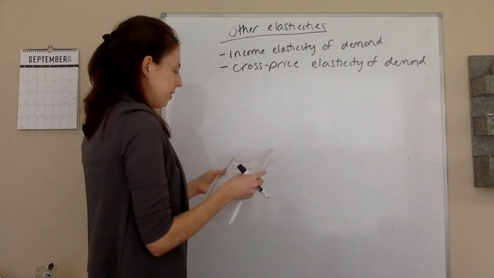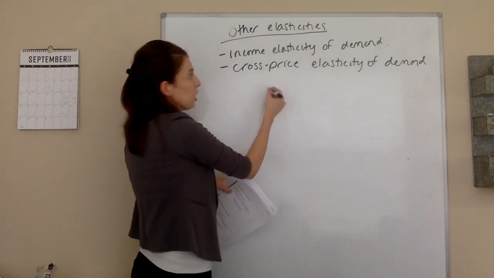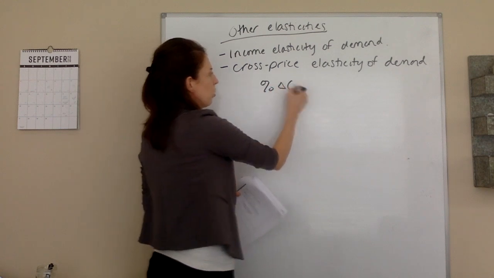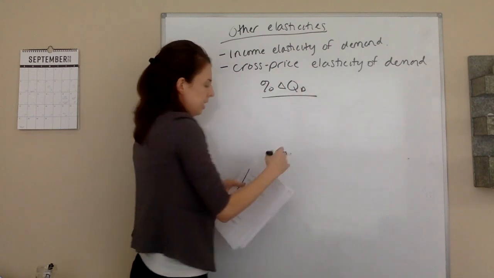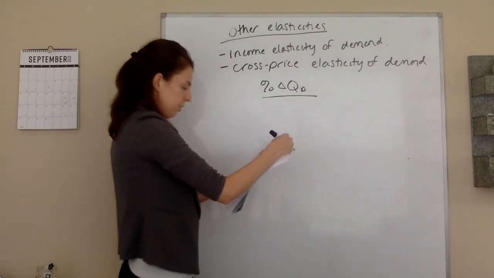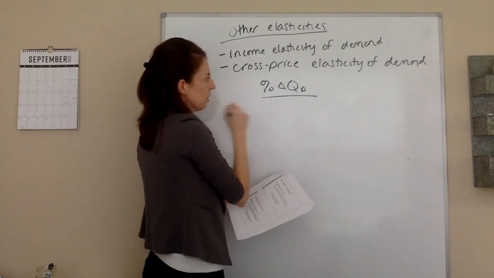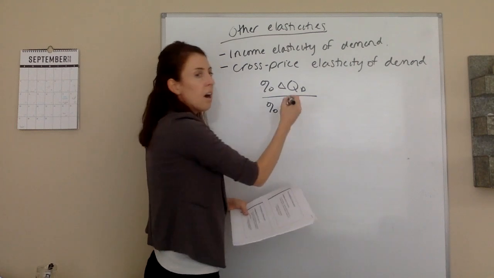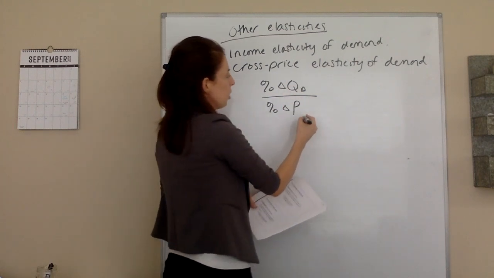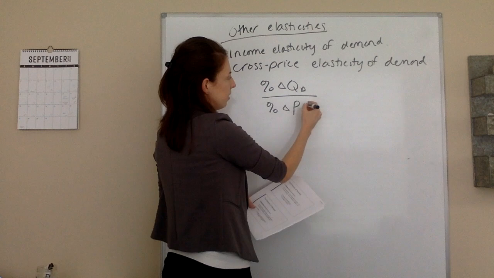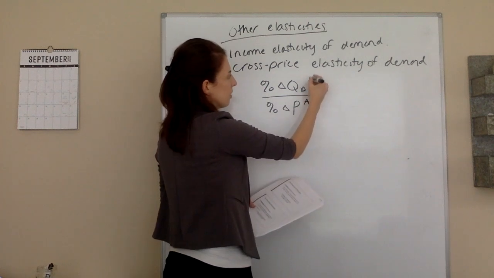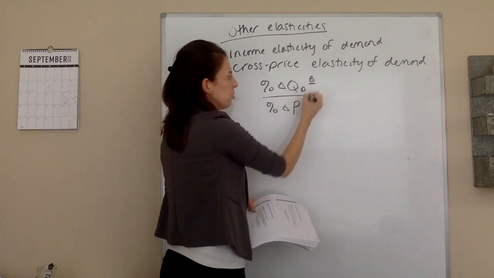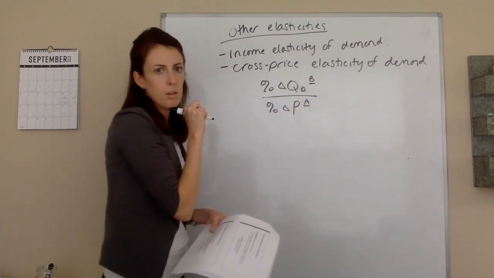Okay, so a cross-price elasticity of demand is going to have the percent change in the quantity demanded in the numerator, and in the denominator, we're going to have percent change in the price of another good. So we can call this maybe like good A, where we're considering the quantity demanded in good B. So these superscripts are going to denote which good we're looking at.